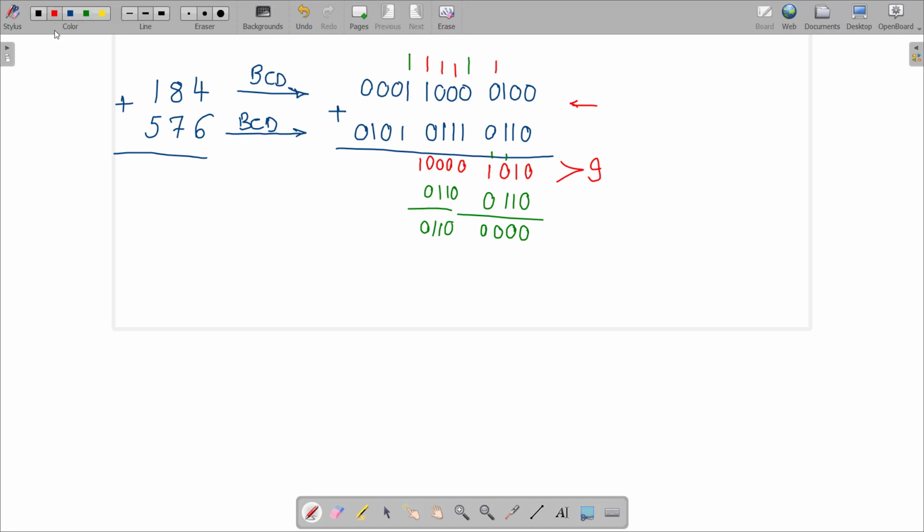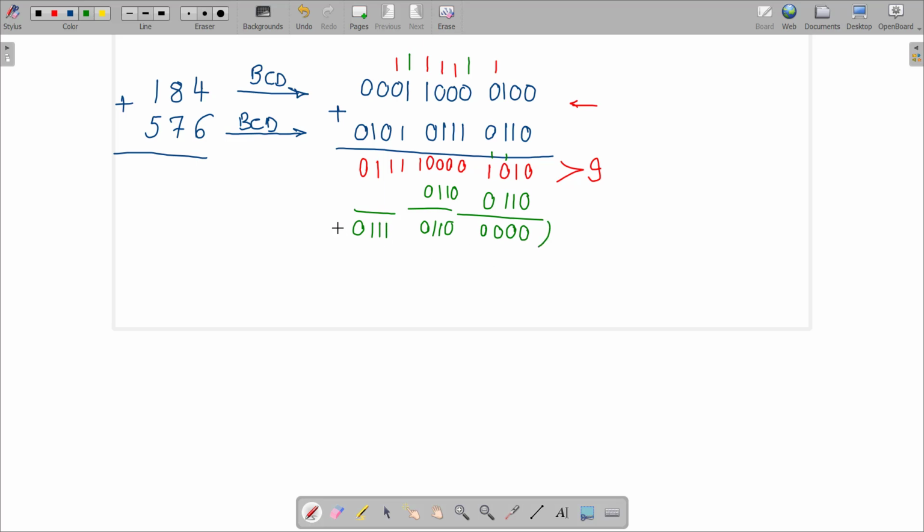Now, if I start the addition again, 1, 1, 1 is 3, which means 1, 1. 1, 0, 0 is 1, 0, 1 is 1, 0, 0 is 1. Now, if you look at this code, you can see that it is equal to 7 and is less than 9. It means that directly you can write this one here.